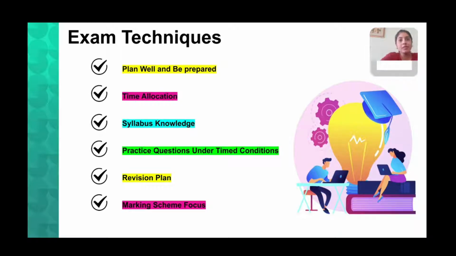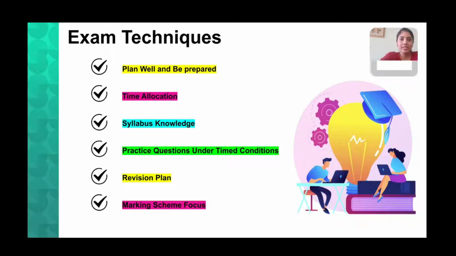So if you plan well ahead and prepare a lesson plan accordingly so that you find time amidst your work, amidst other activities, then you will be able to peacefully attempt the paper confidently.